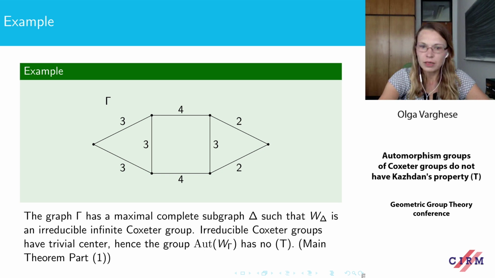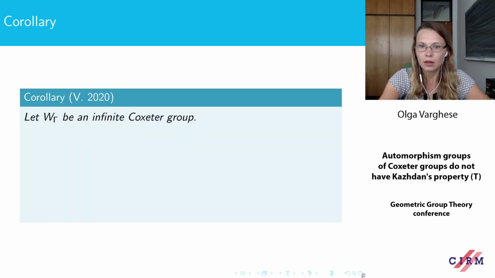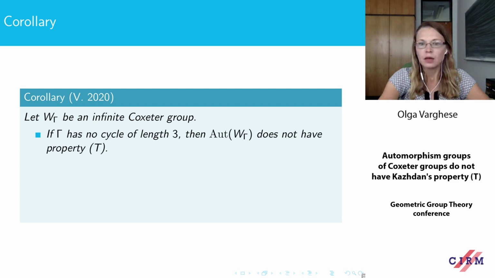Okay, some more results. So let W gamma be an infinite Coxeter group again. If gamma has no cycle of length 3, then the automorphism group has no property T. So why? In this case, maximal complete subgraphs in gamma are edges.